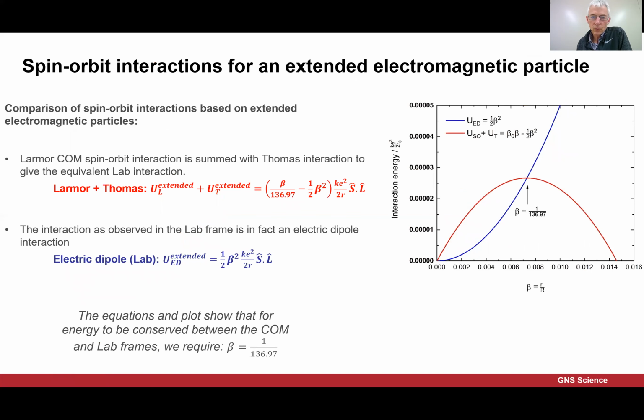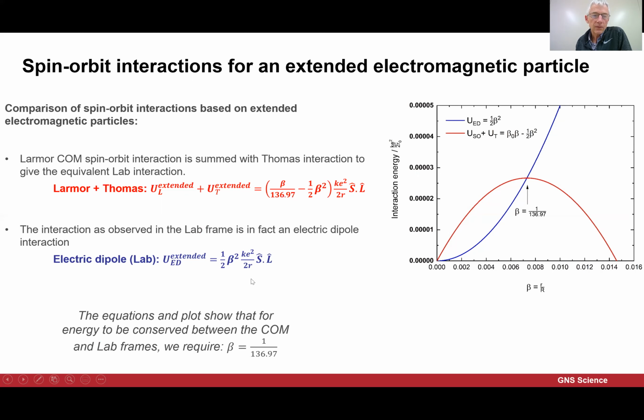And so then I took that expression for the Larmor energy interaction term and combined that with the Thomas precession, which transforms it to the lab frame, to get this expression here in red. And then we can compare that with the electric dipole expression given here in blue.